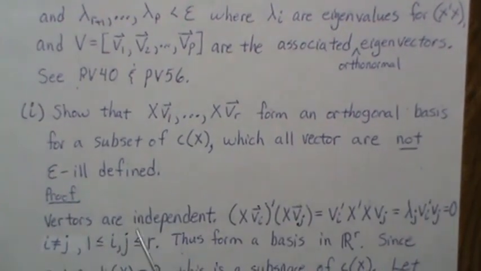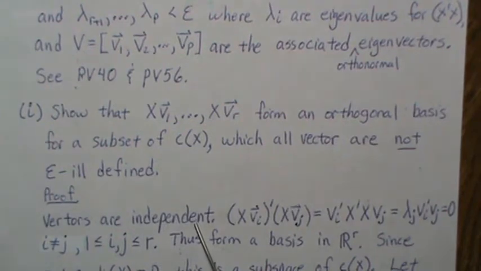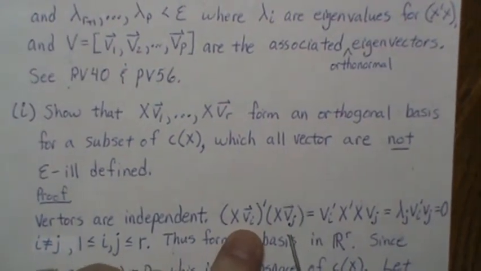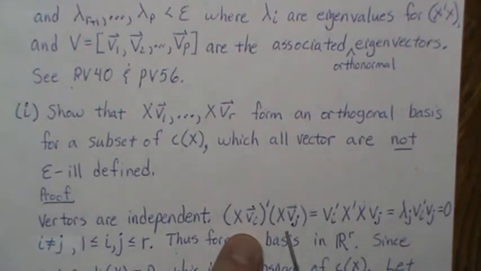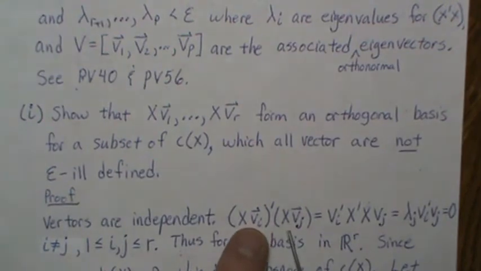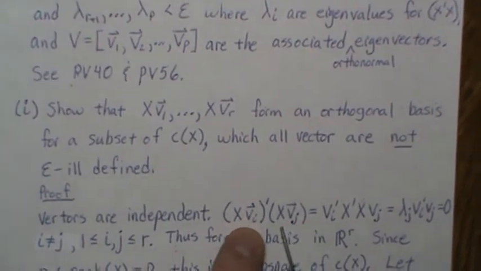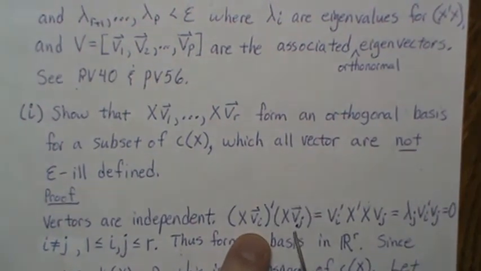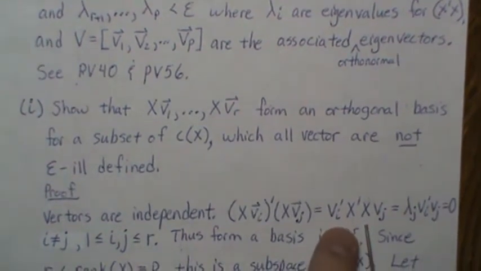Okay, so first the vectors are independent, and mathematically we say they're orthogonal. We're going to assume the standard inner product, the vector product. So if we look at this, we take the ith column and the jth column, and distribute the transpose, we get this.